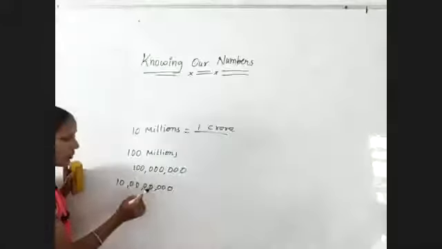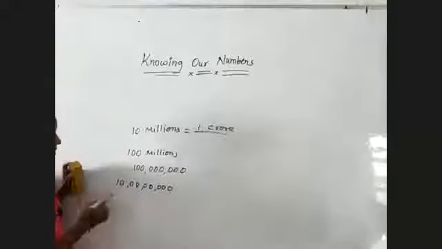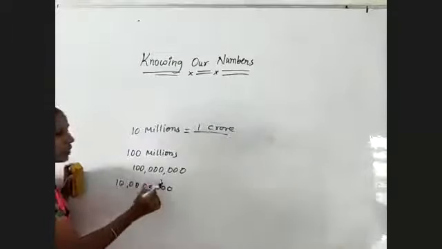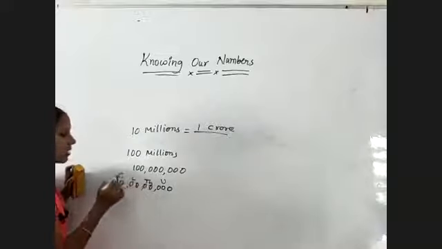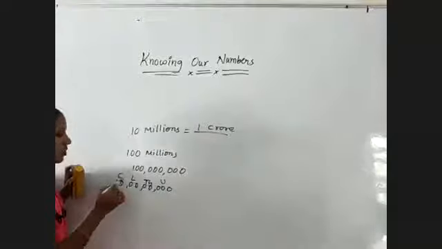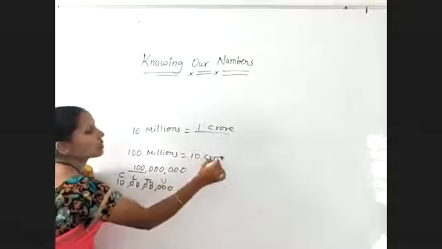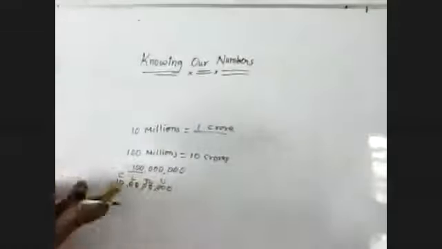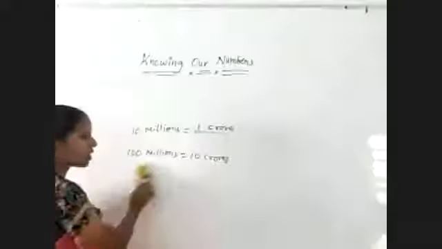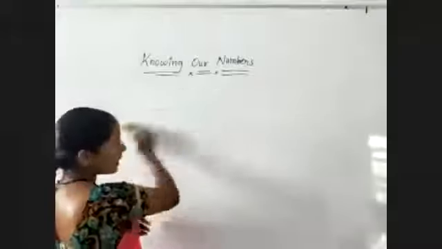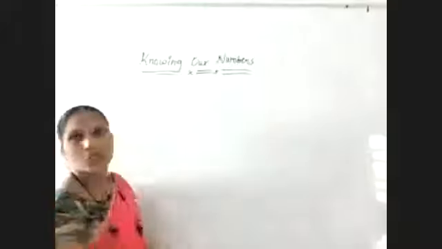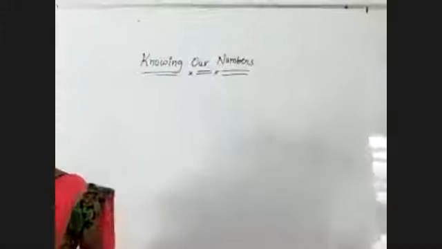Now how is the number read? Units, thousands, lakhs, crores. So 10 crores. This is the way to write. Whenever you don't understand or don't remember the relation, write in this way, then you won't be confused. You will get it easily. Now coming to the next.